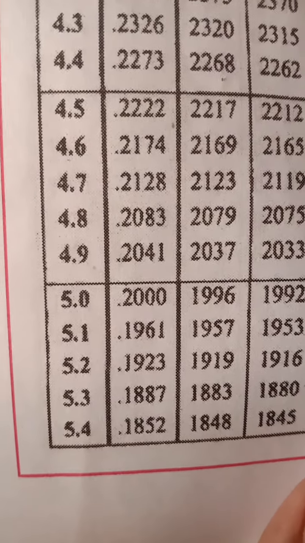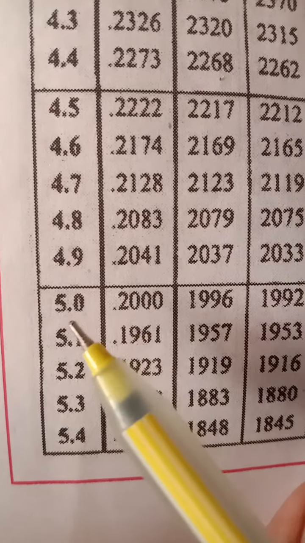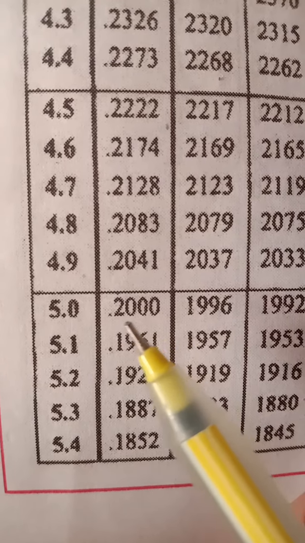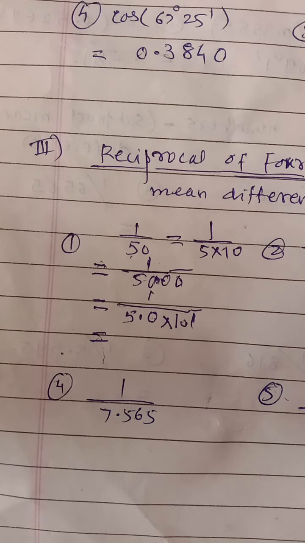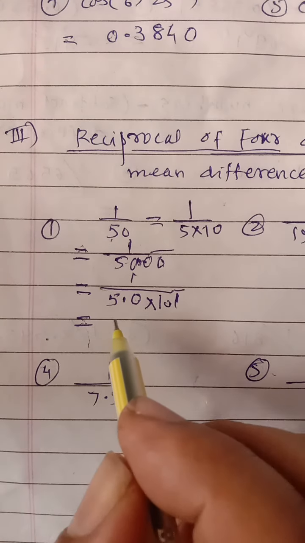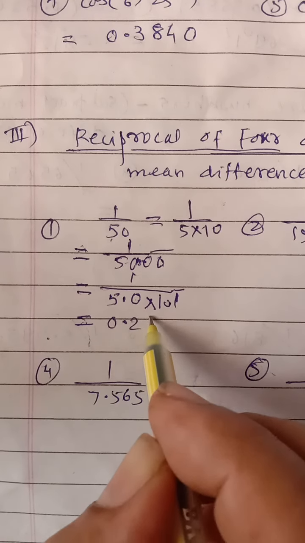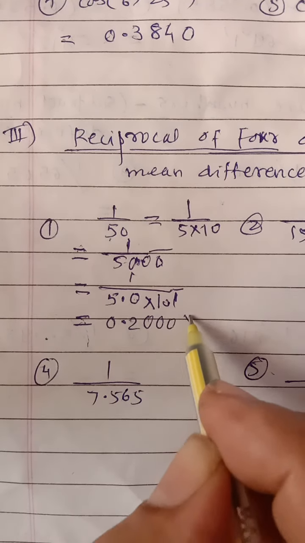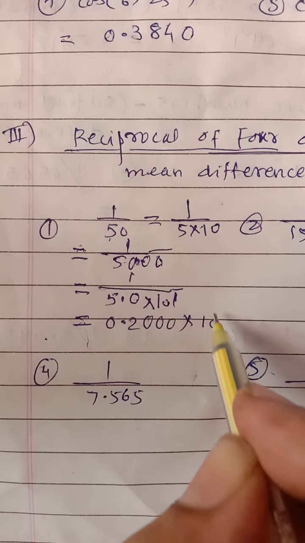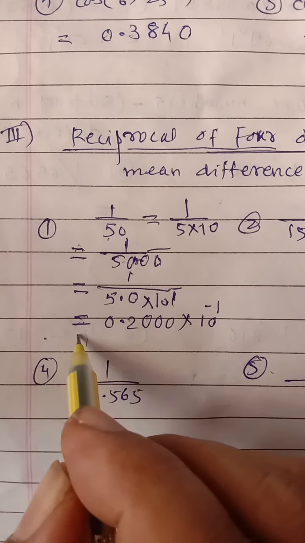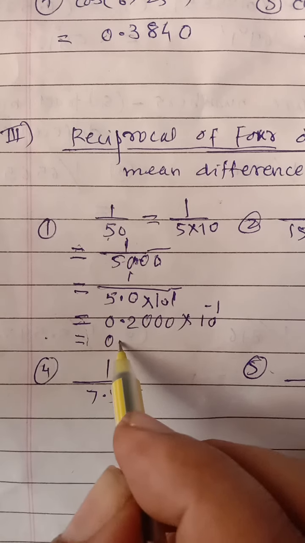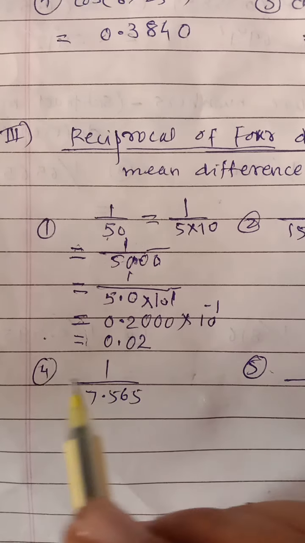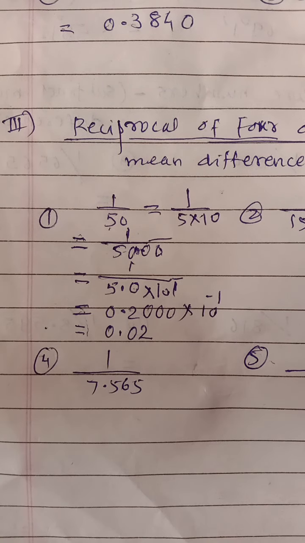If you consider this table, then here there will be 5.0, and in the 0th column it is 0.2000, and into 10 raised to -1, so that it will be equal to 0.02.